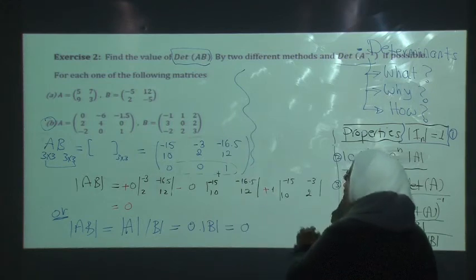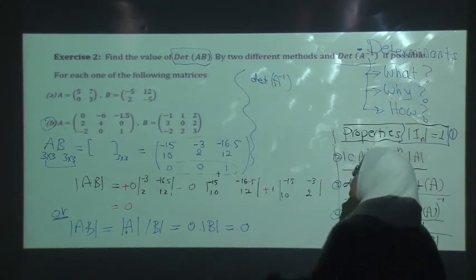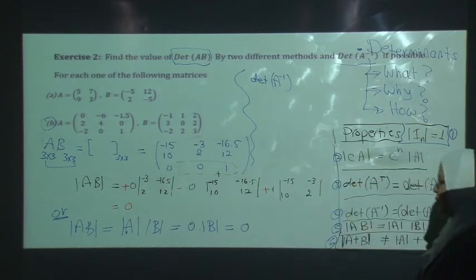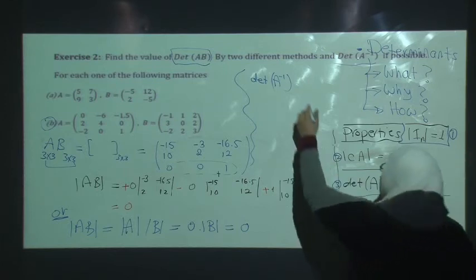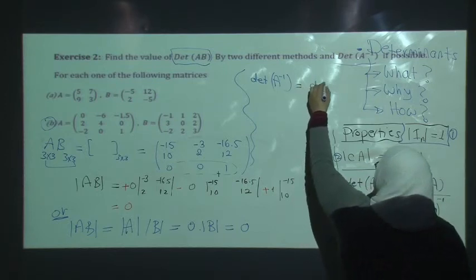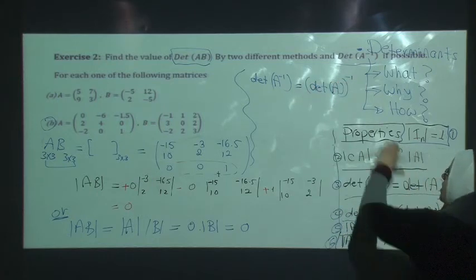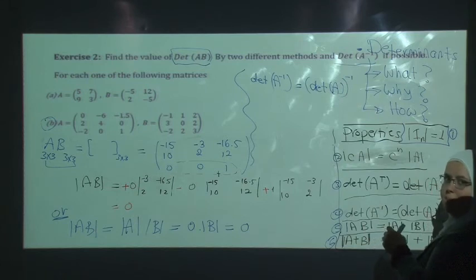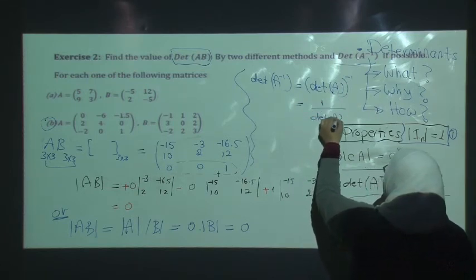Using the properties discussed in the lecture, we don't need to get the inverse. It's the inverse of the determinant of A, which means it's 1 over the determinant of A.